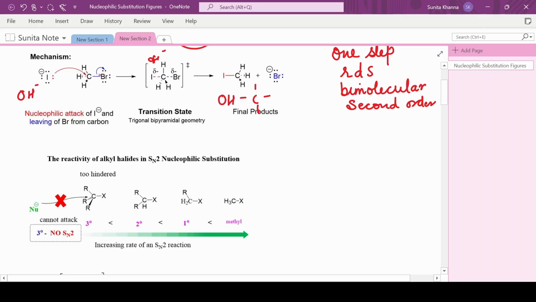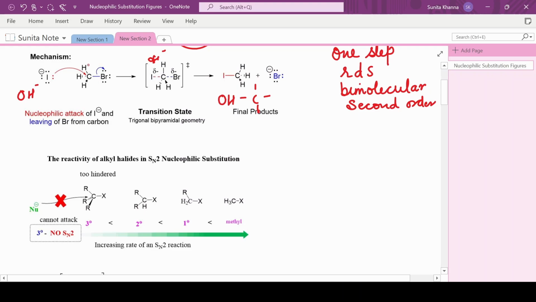The exit gate of the leaving nucleophile and the entry gate of the attacking nucleophile are different. That's why the position of the attachment of the incoming nucleophile and outgoing nucleophile is different. This point we will discuss later under the stereochemical aspect.